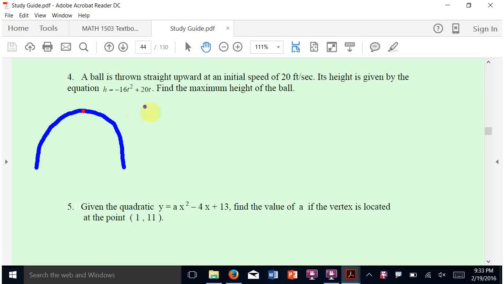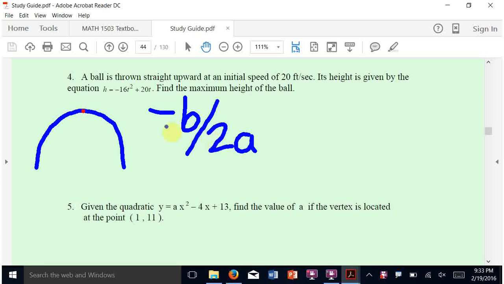Well, we're given an equation in the ABC form of the quadratic function, and we have to simply remember what the formula is to find the vertex when we have the ABC form of the equation. And what is the formula for the vertex that involves A's, B's, and C's? Well, it actually just is negative B over 2A.